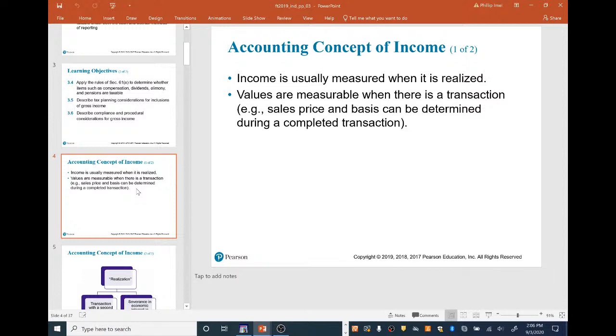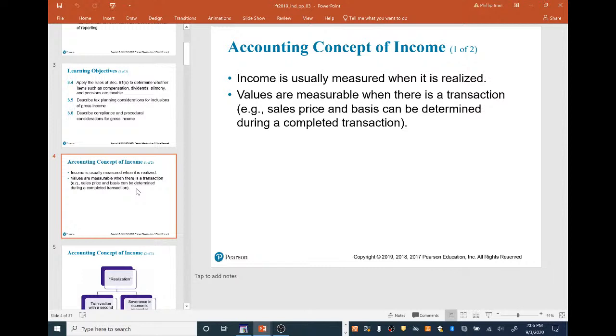Okay, so let's talk a little bit about the accounting concept of income. So obviously income is usually measured when it's realized, okay? So when it's realized, meaning they've performed their obligations, so they've delivered their good or service, and they're entitled to income. So income's usually measured when it's realized.